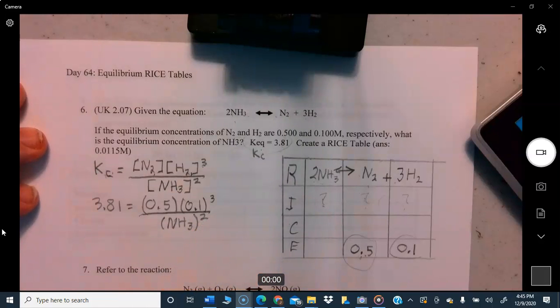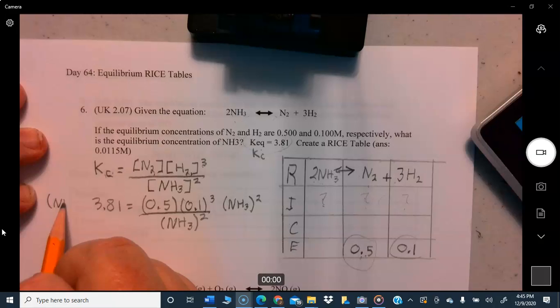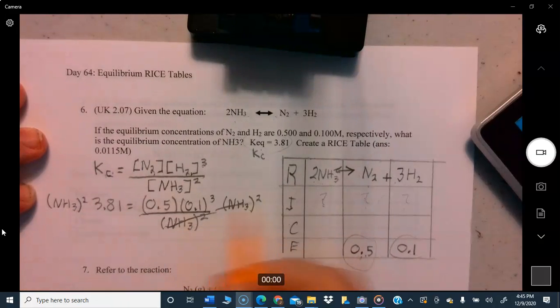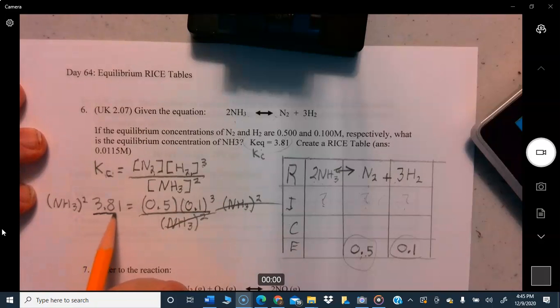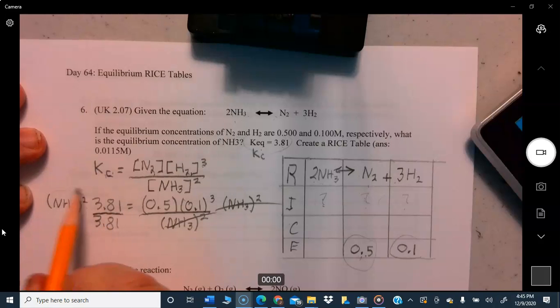Okay. All right, what I'm going to do to both sides is multiply both sides by NH3 squared. It's just an algebra problem at this point. Okay, so these cancel. And now in the same step, I'm going to go ahead and divide by 3.81. What we're trying to do is get this by itself, isolated on one side of the equal sign.